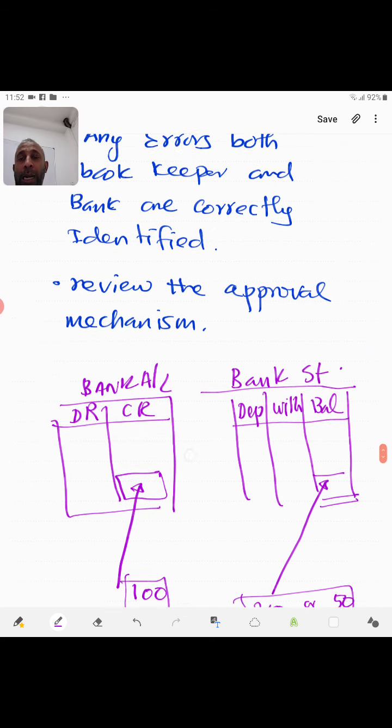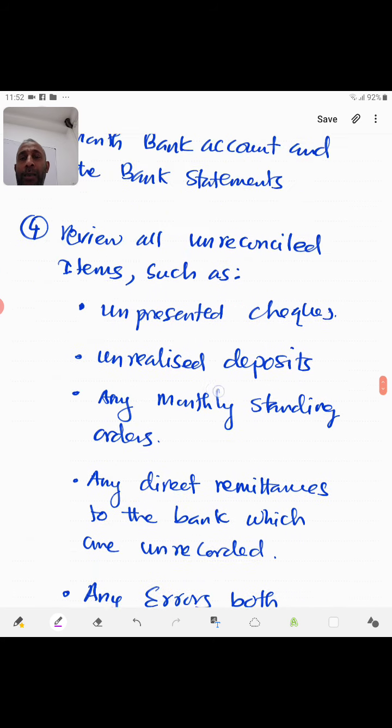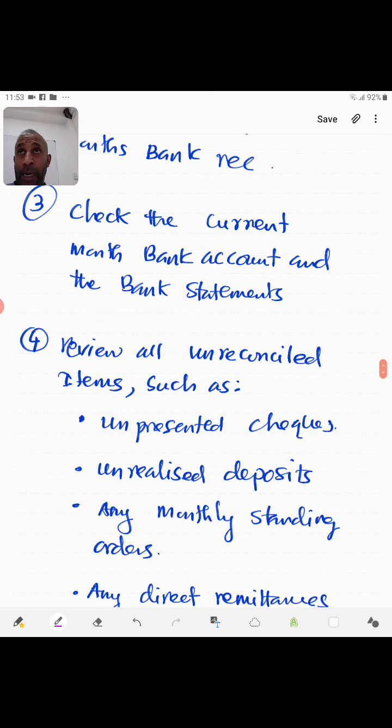Since the bank balance is integrated with the bank statement or bank account, there are transactions happening through the bank account. Now, why could a difference come between the bank account and the books balance, I mean, in the company's bank ledger and the bank statement? Possibly due to two reasons. One is issues relating to the business or the bookkeeper, or secondly, issues related to the bank.